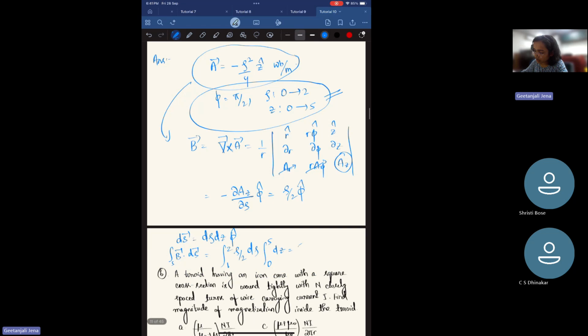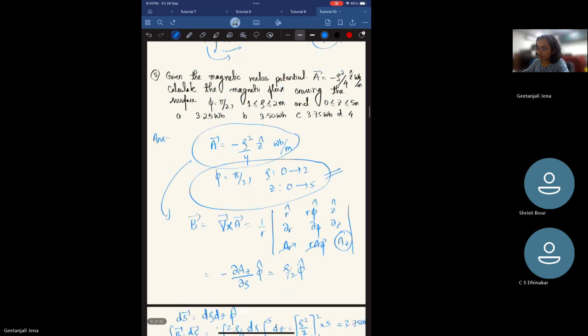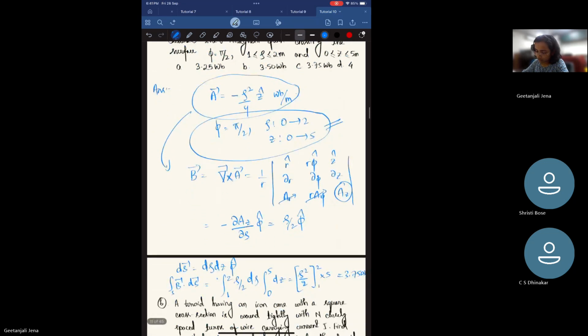So from here, this will be rho square by 2, from 1 to 2, times 5. And I think there is a half also here. Okay, half is already there. So this will give 3.75 Weber. Check the answer. I think you will get option C, if I'm not wrong.